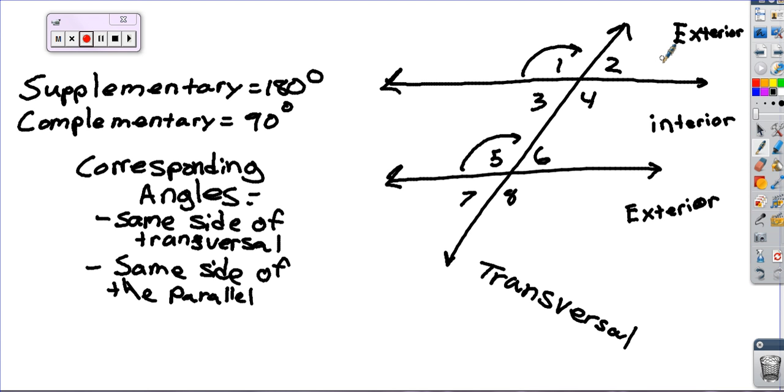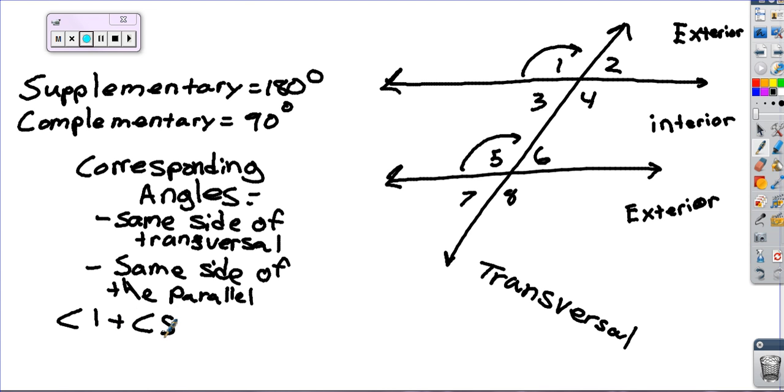Our corresponding angles have to be on the same side of the transversal. Which one corresponds with 1? It has to be on the same side of this line. So 1 and 5, they correspond.